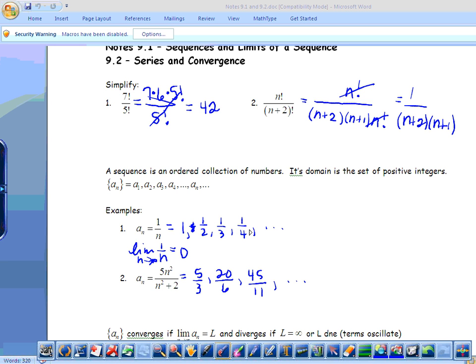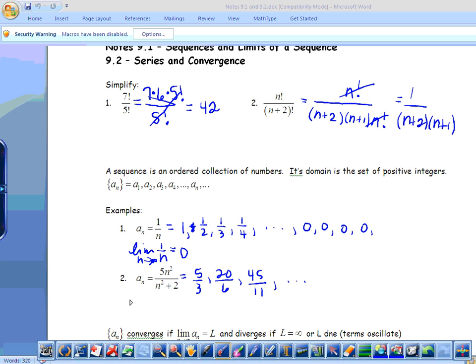So my next few terms would be 1/5, 1/6, 1/7, etc. But as n gets bigger and bigger, those terms are approaching 0. If I were to continue to list out that sequence forever, as n approaches infinity, those terms are approaching 0.